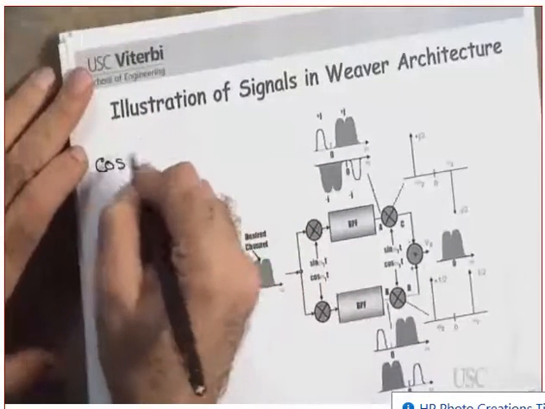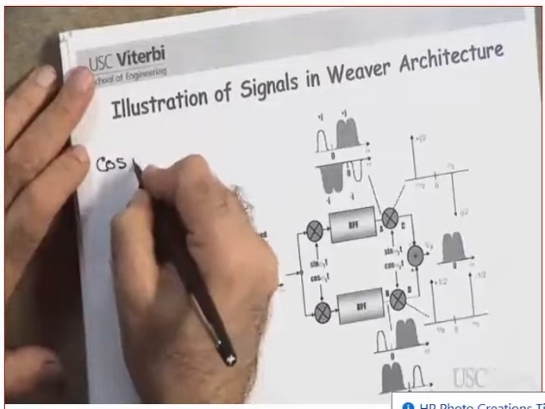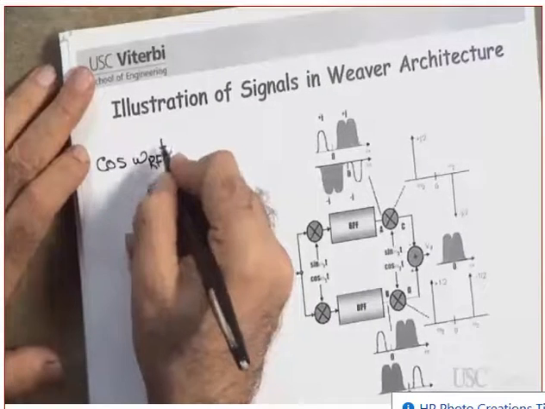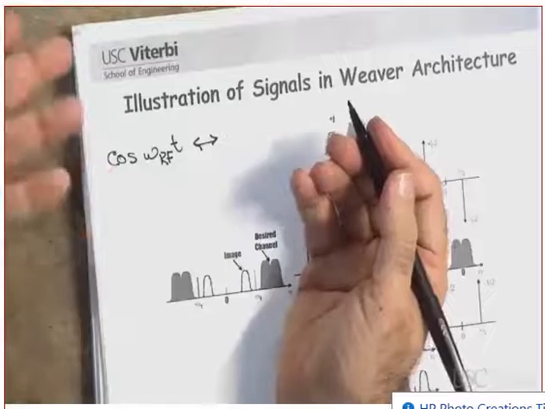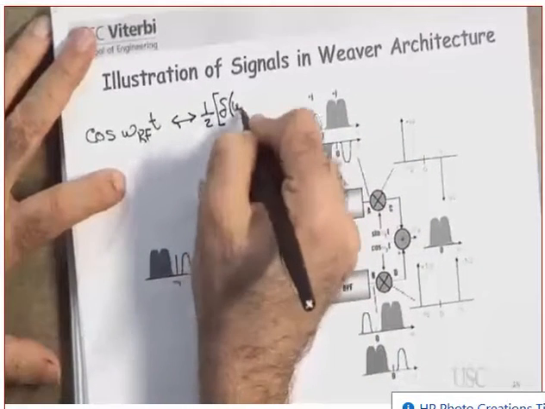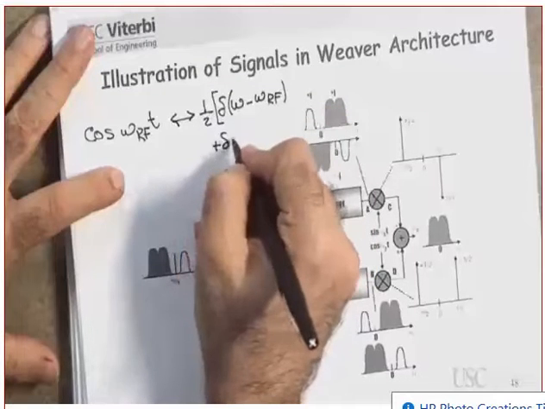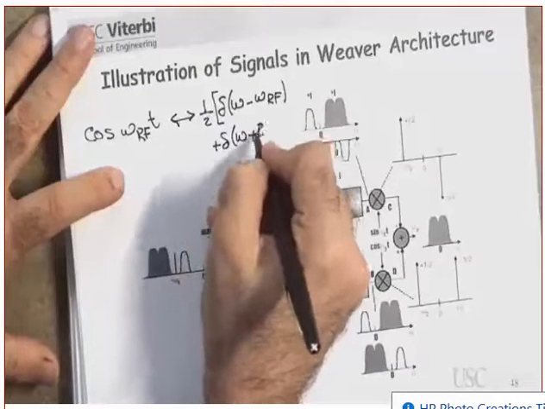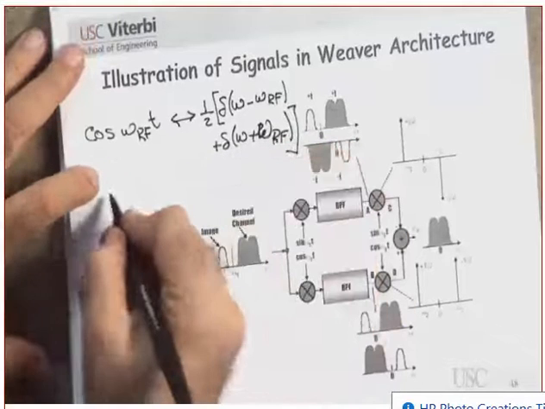First of all, cosine. Cosine omega RF t. What is the Fourier transform? 1/2. Yes? What about the sine?